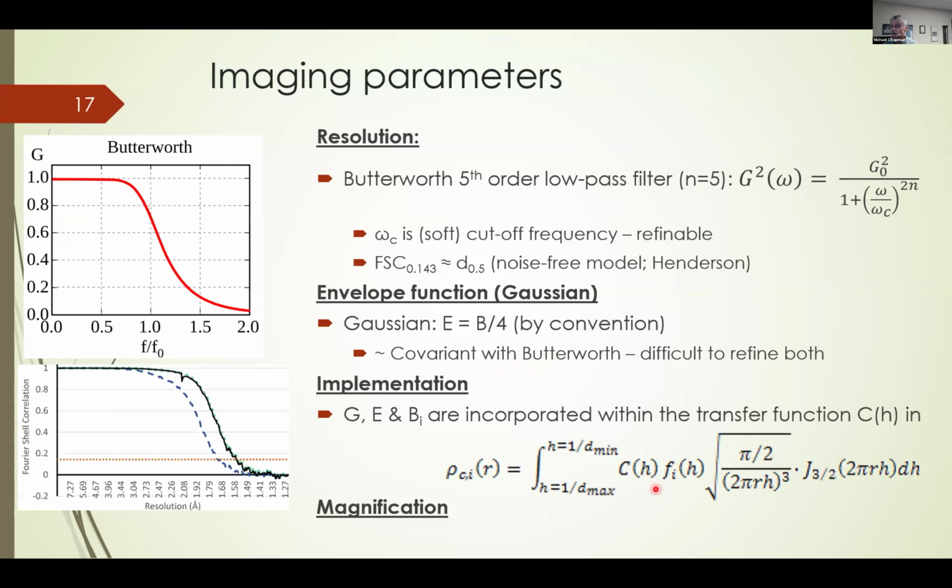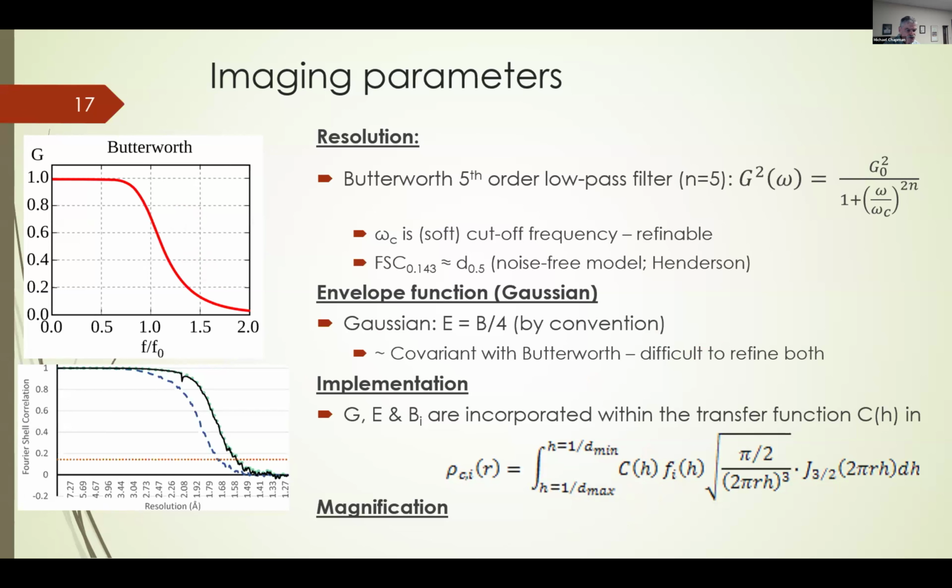And this is closed form. All of its parameters are refinable, but we do not recommend that you try to refine an envelope function at the same time as either the filter or the individual B factors, because they're so covariant. And in addition, we're also refining a magnification factor.